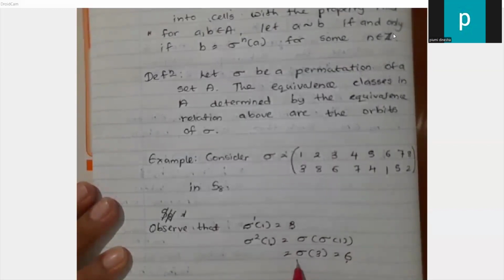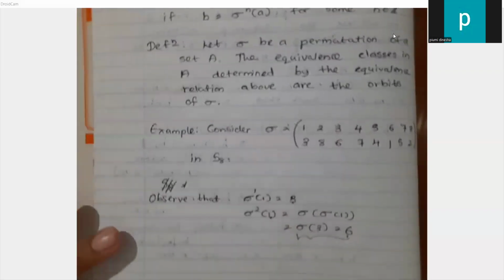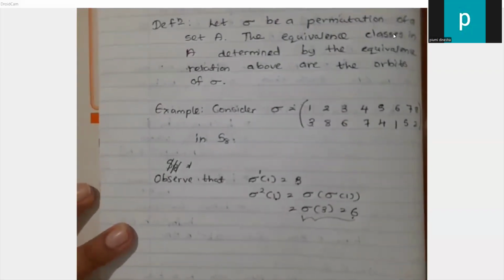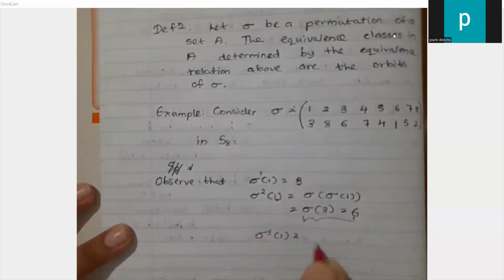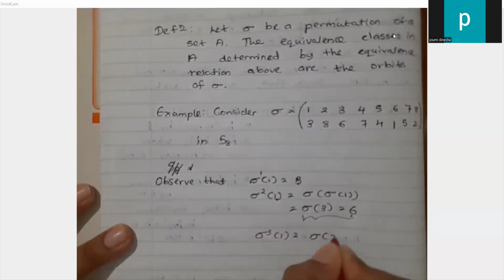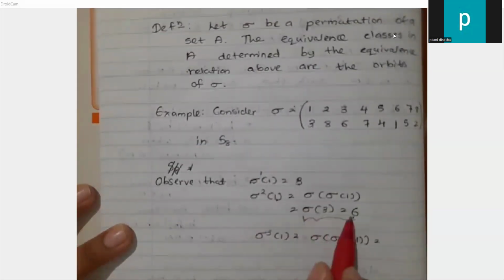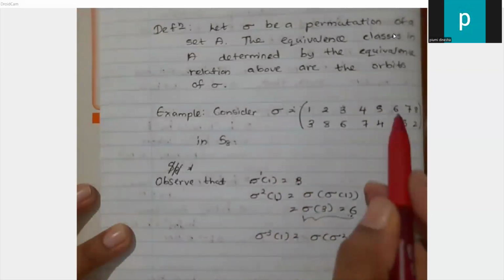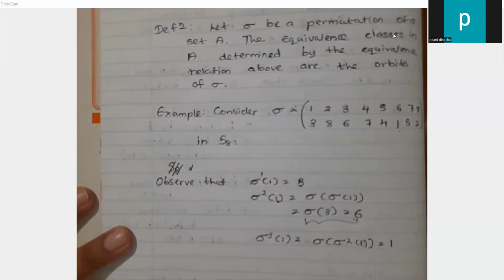Even if you look at simply this relation, we see that 3 and 6 belong in the same orbit. Now, let's calculate sigma cubed of 1. This would simply be sigma of sigma squared of 1, right? Sigma squared of 1 is 6, and through sigma, 6 is sent to 1. So we see that 1 is fixed under sigma cubed, right?